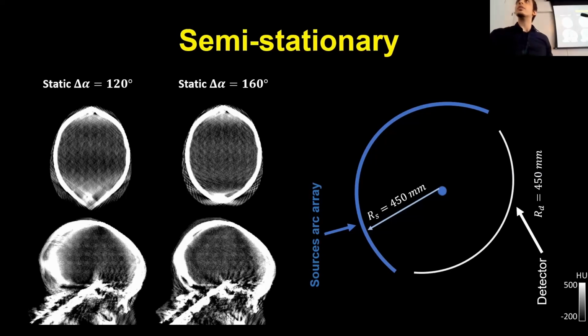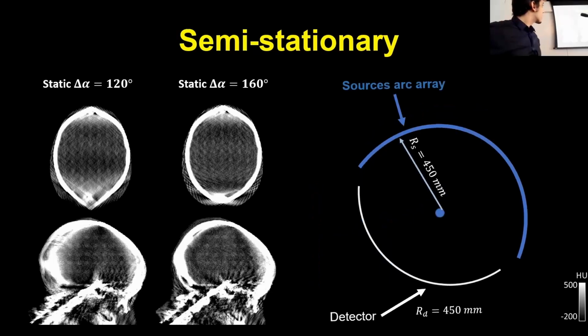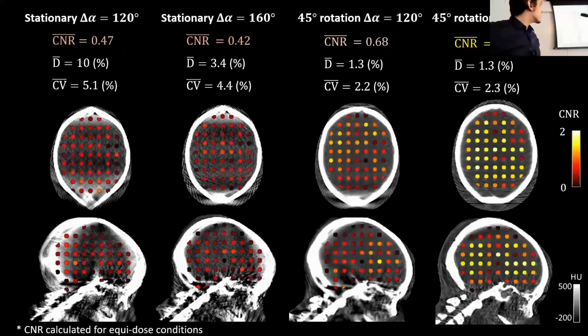Interesting design. One question I had is, what about the lesions that are on the periphery, and particularly in the posterior circulation? How does it compare to the ones in the center, just looking at the stationary geometry? So yeah, that's true. If you compare the lesions here, that's one of the reasons for going to this kind of design, because for the totally stationary system, these lesions in the back are clearly less appreciated than the ones in the center of the volume, or in the front.